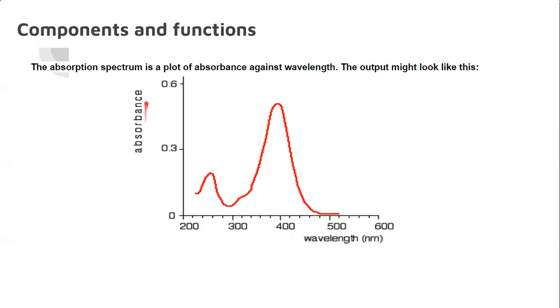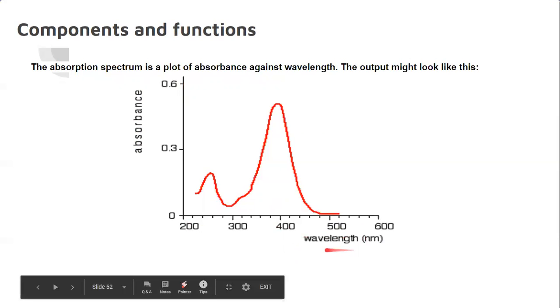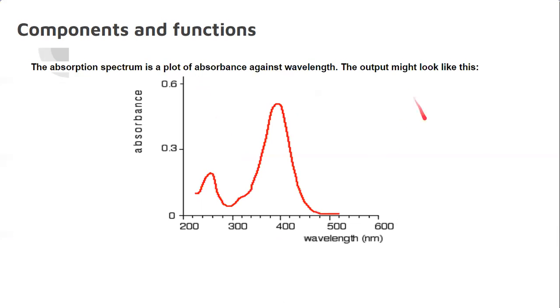If you are using higher range radiation such as infrared, on the y-axis we take transmittance and on the x-axis the wave number. At that time we get inverted broad peaks, with the baseline on the upper side, and we get spectra like this.